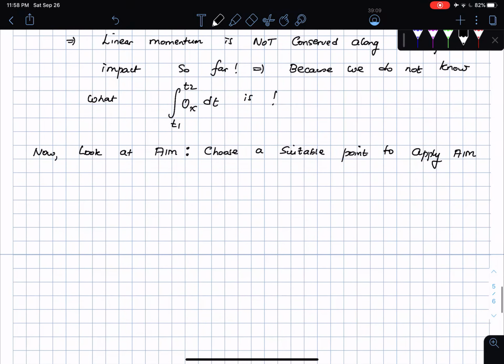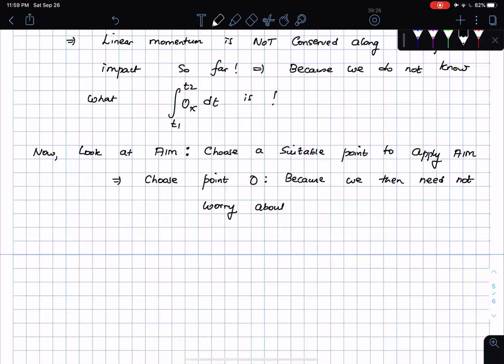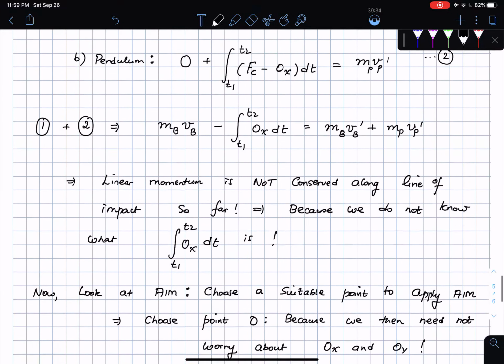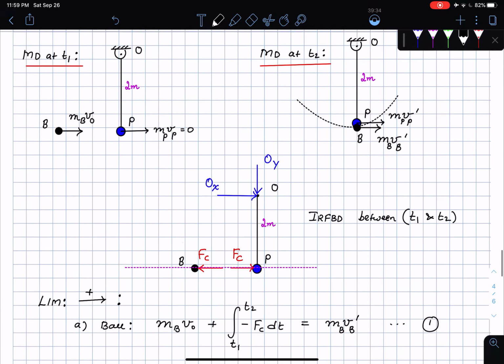So I'm going to choose the point O, because we then need not worry about Ox and Oy.